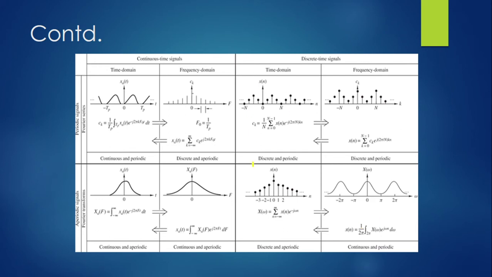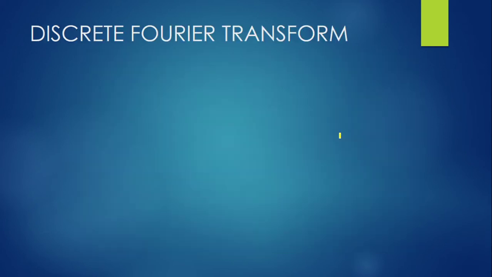Here you have the input that is discrete and periodic. The output you will get is also discrete and periodic. Only DFT can be implemented on the computer. So our discussion of the topic will be DFT, that is discrete Fourier transform, in which the signals will be discrete and periodic.